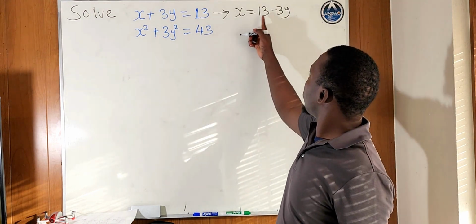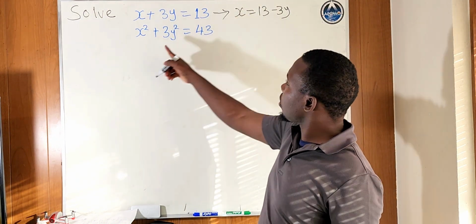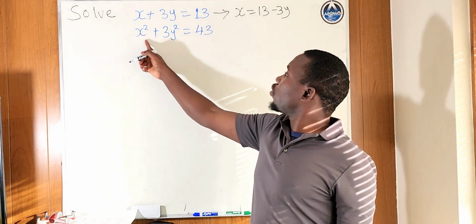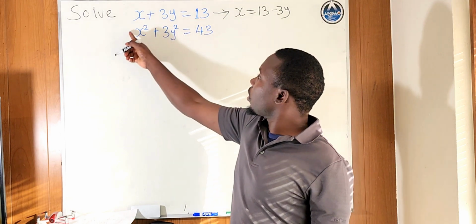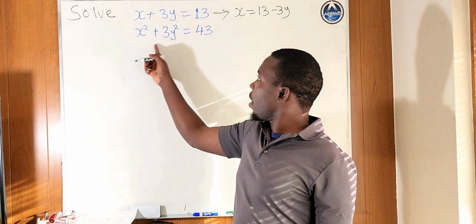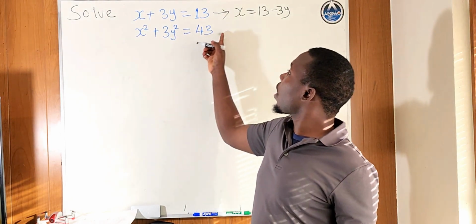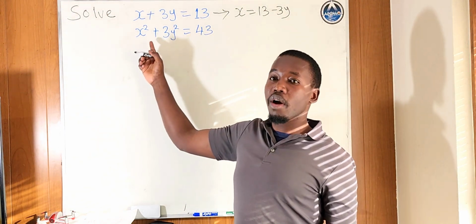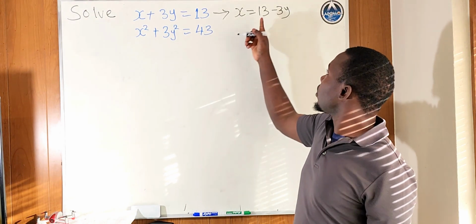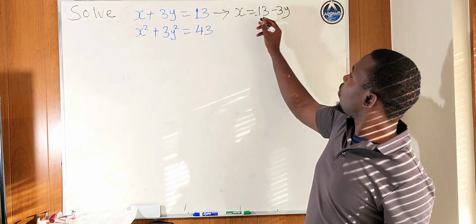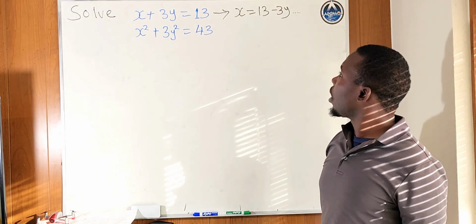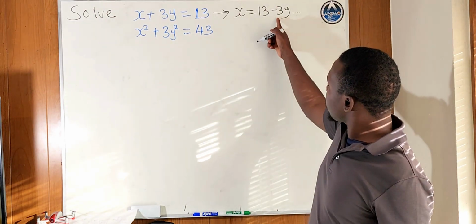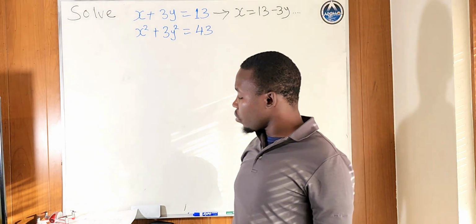If I take the value of x and substitute it in equation 2, I will get only y as the unknown, and I can solve for y. Then once I get the value of y, I can substitute back in this expression and find the value of x.